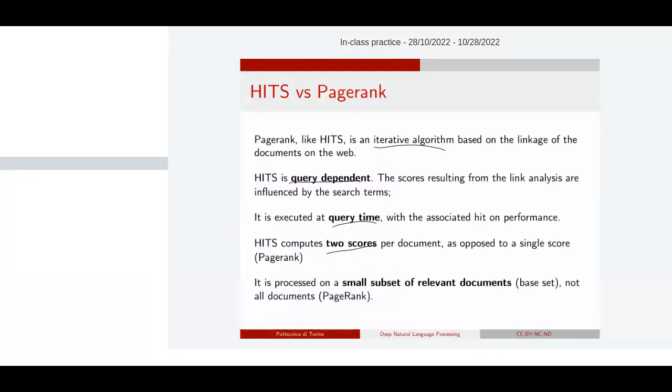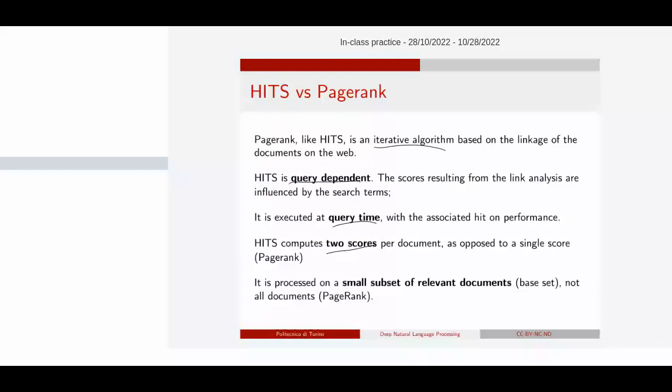Instead of being run on the entire graph, it is computed on a small subset of documents that are actually relevant to the query, but I actually need the query to define them. So these are the differences.